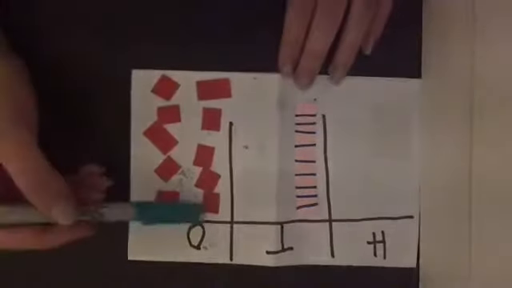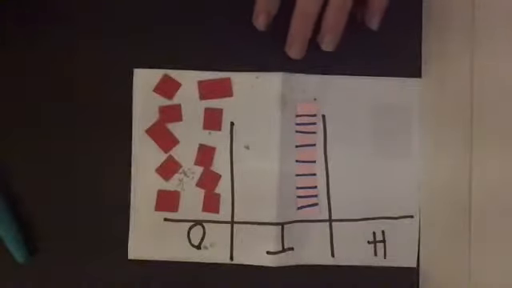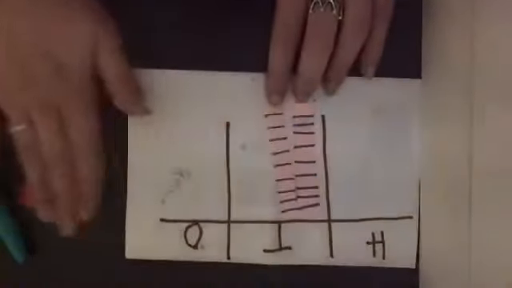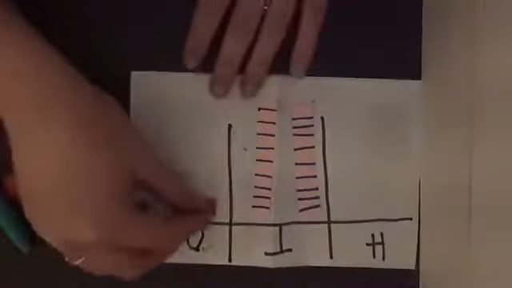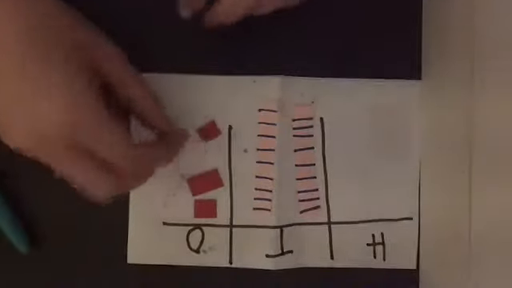So let's count them again. 1, 2, 3, 4, 5, 6, 7, 8, 9, 10. So what do we have to do? We have to replace it with a 10 and get rid of the rest. So now we've done 4 of the 5, so we're going to do our last one. So now we have 1, 2, 3, 4, 5. Okay, so now we're done.